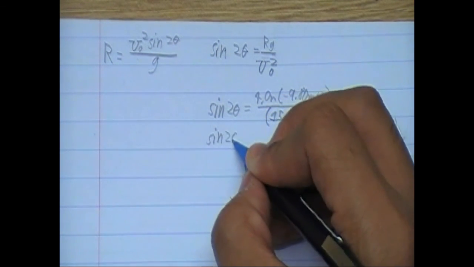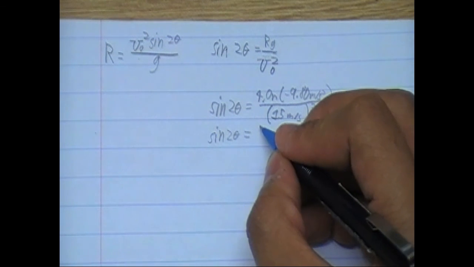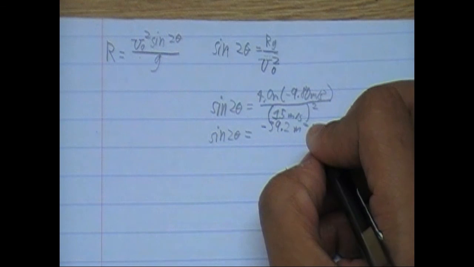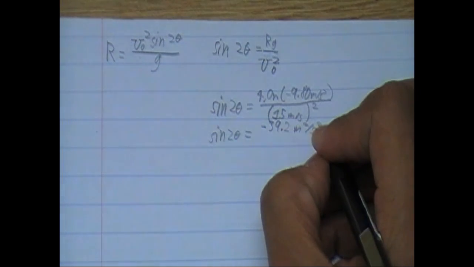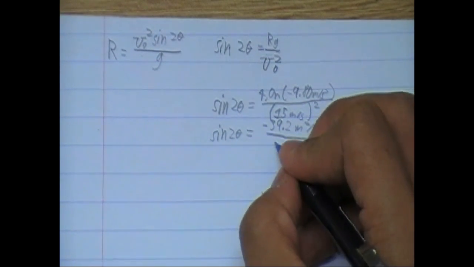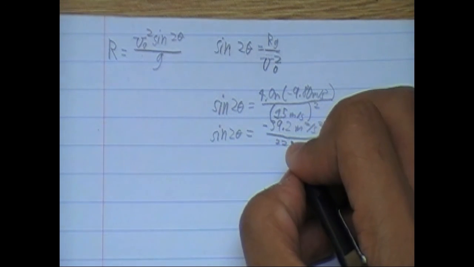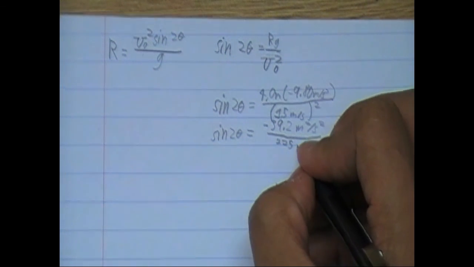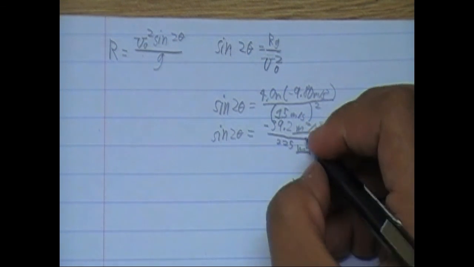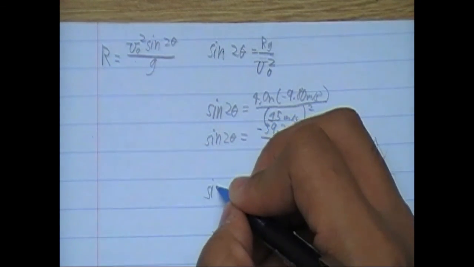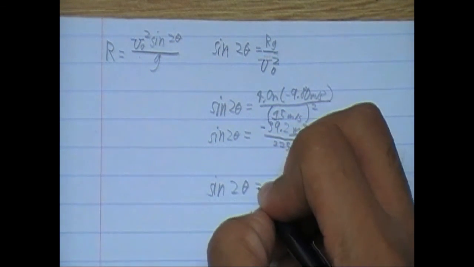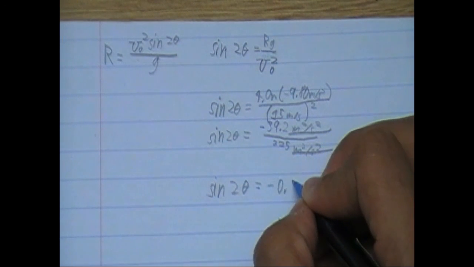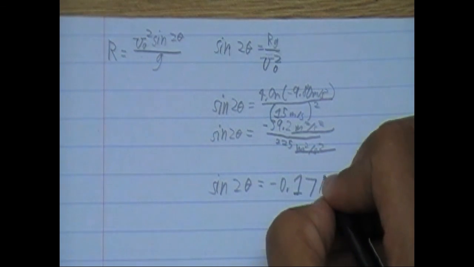We just do the math. Sine 2 theta equals negative 39.2 meters squared per second squared over 15 squared, 225 meters squared per second squared. So all that stuff cancels out. We're left with the sine of 2 theta equals negative 0.174.